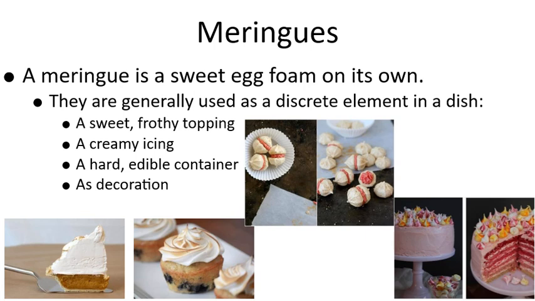For example, as a sweet, frothy topping on a pie, similar to how we might use whipped cream, which itself is a foam made using the proteins from milk rather than from an egg, or as a creamy icing, such as on a muffin or a cupcake, or perhaps as a hard edible container, such as when two hard-baked meringues are glued together using a filling, or perhaps as a decoration, such as the piped meringue on this cake, making it appear to be covered in lots of colorful chocolate kisses.